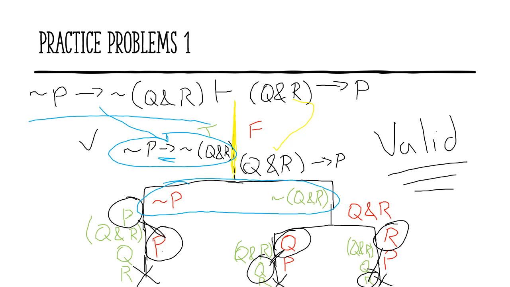We took these two and got rid of their tildes, then we flipped them across because they both had tildes. So that was pretty much done to this point, except we still had this negated Q and R.